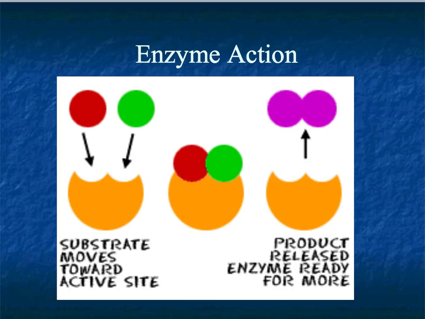So how do enzymes actually work? Well, if we look at our diagram here, we have this enzyme substrate complex, this little piece right here. Matter is moving. Atoms and molecules are always moving.